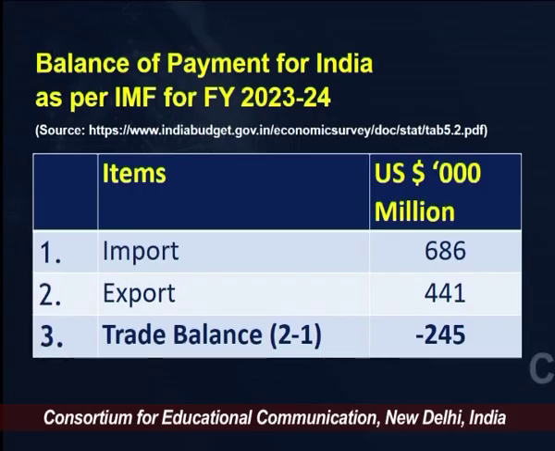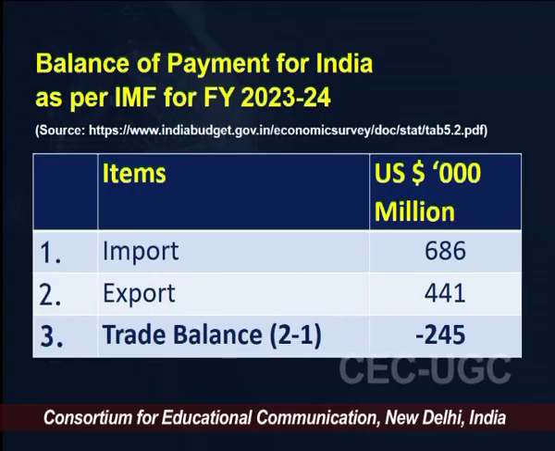This data was taken from the India budget, and I have mentioned the source also. The Economic Survey result shows this picture for the financial year 2023-24. I have divided it into many parts for better explanation, but this is one simple table which covers all the 10 items.